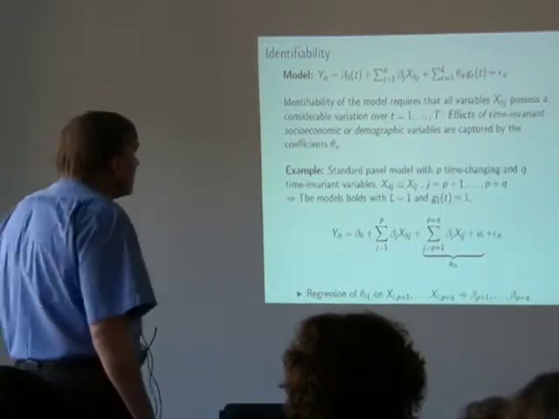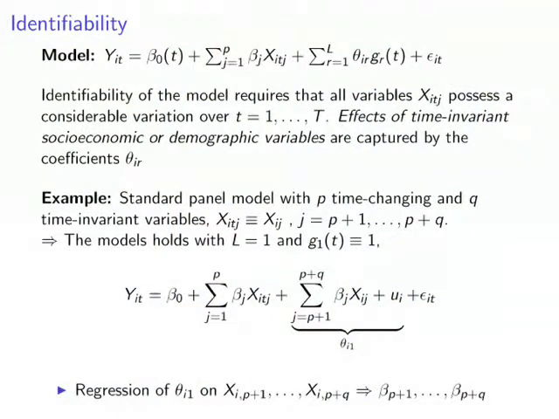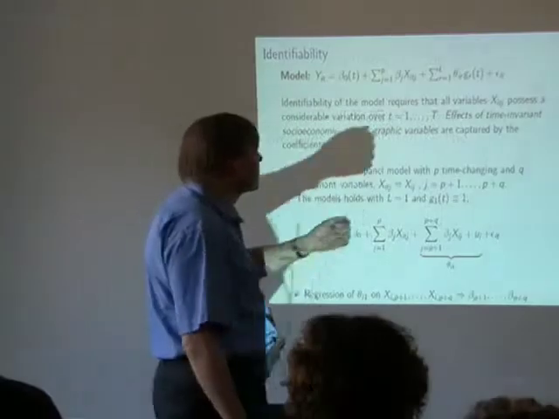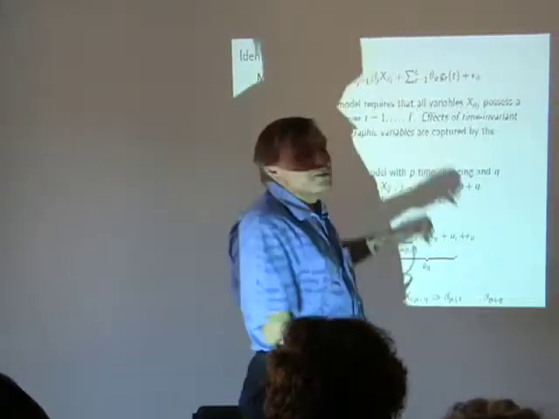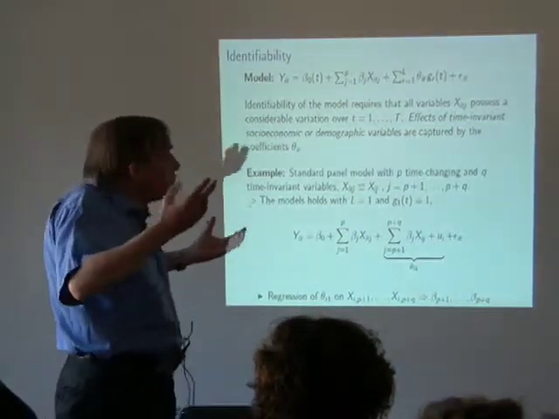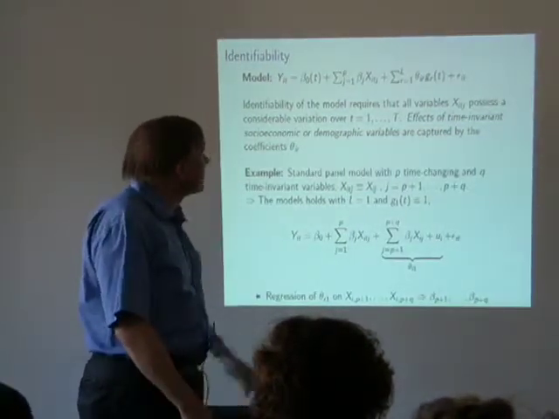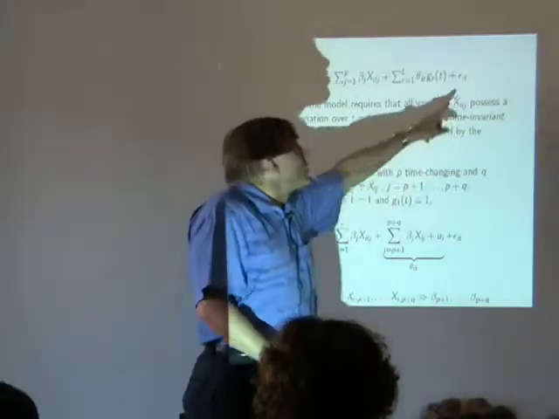Okay, so these are some example models. What's also important to keep in mind in this type of model, with the thetas and the G's, is that identifiability of the model implies that all variables x, i, t, j possess a considerable variation over time. They should not themselves be very smooth over time. Otherwise, I have difficulties separating this thing and this thing. I don't think it's too much of a restriction, because for example your response variable, the model says the path of y will not be smooth due to the epsilon.